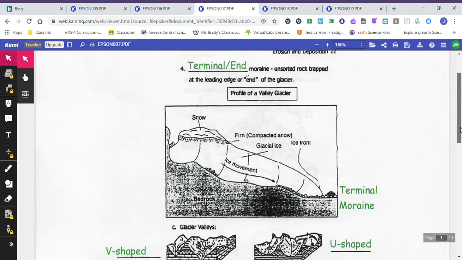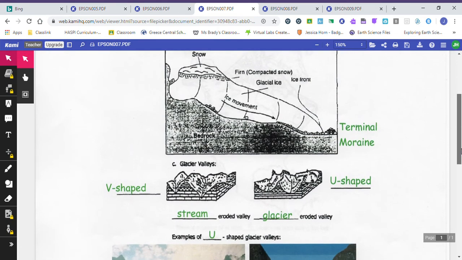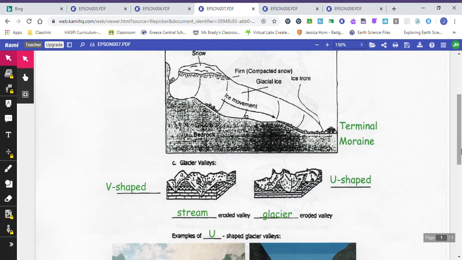When glaciers move through mountains, they are going to make a U-shaped valley. Okay, so if a glacier were to move through here and then eventually melt, what would be left behind is a U-shaped valley.